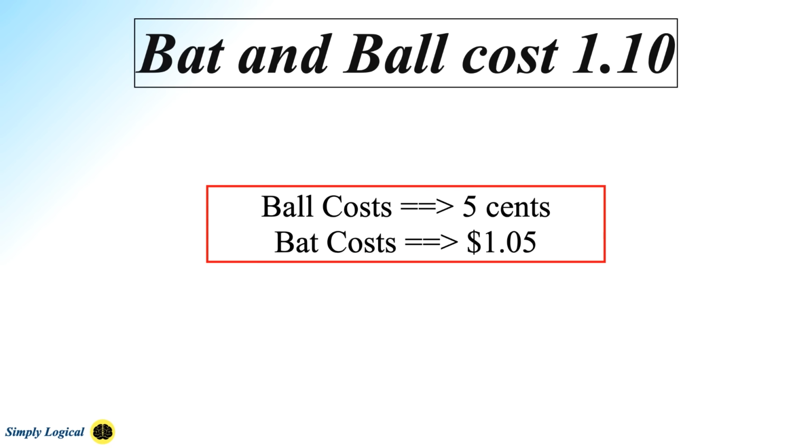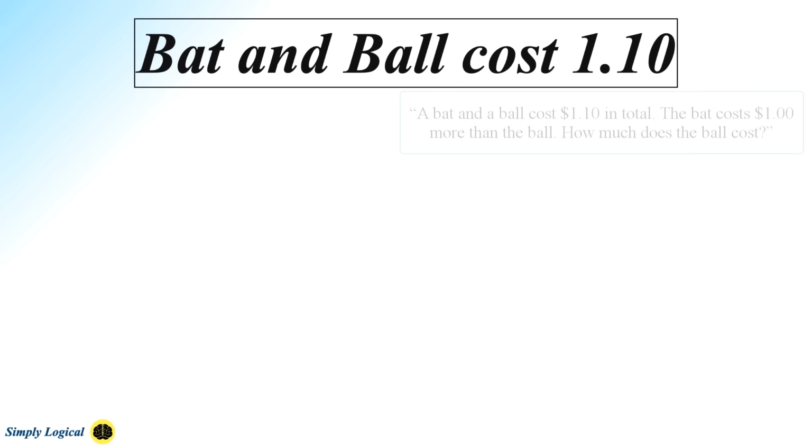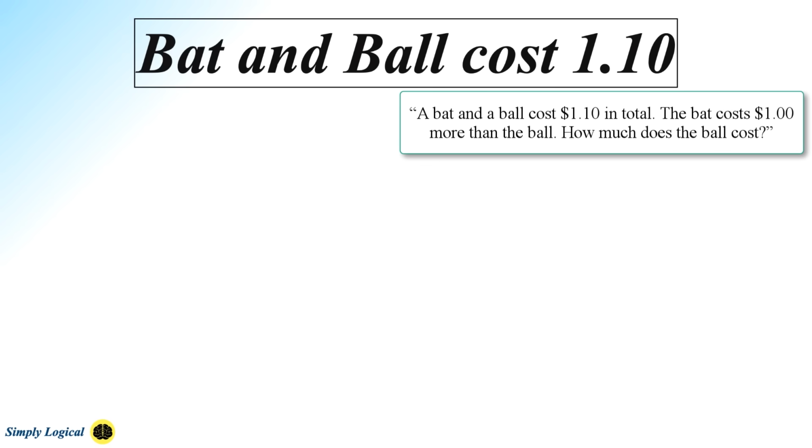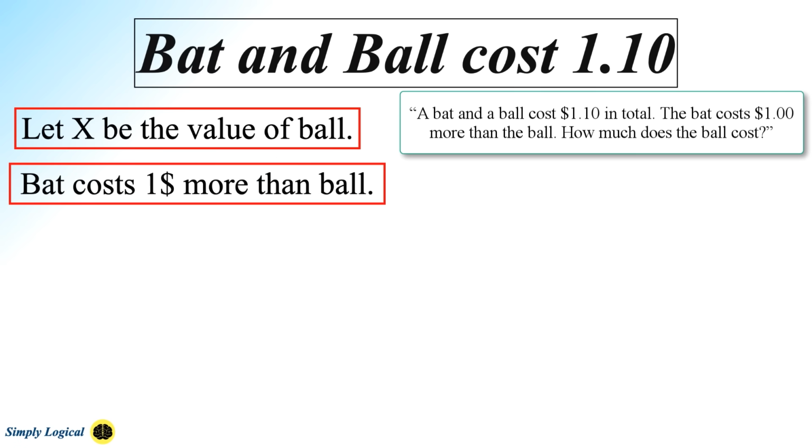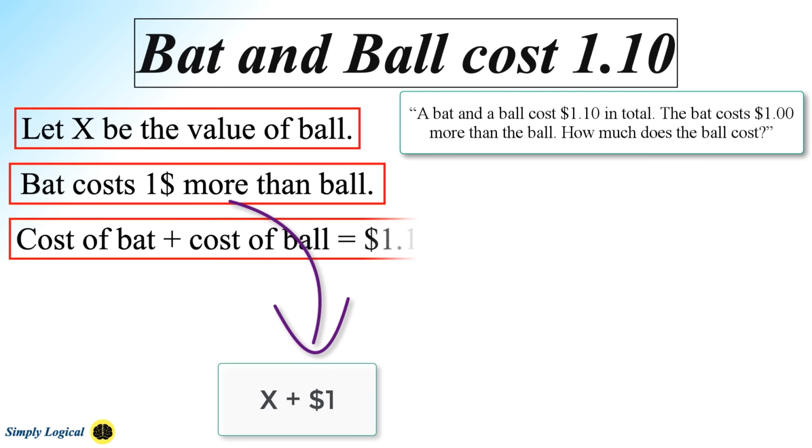Not convinced? Let me solve this by using an algebraic equation. Read the question again. They haven't asked the cost of the bat, but they said the cost of the bat is $1 more than the ball. Let x be the value of the ball, and the bat costs $1 more than the ball. So now the bat costs x plus $1. As per the question, the total cost of bat and ball is $1.10. Now the equation becomes cost of bat plus cost of ball equals $1.10.